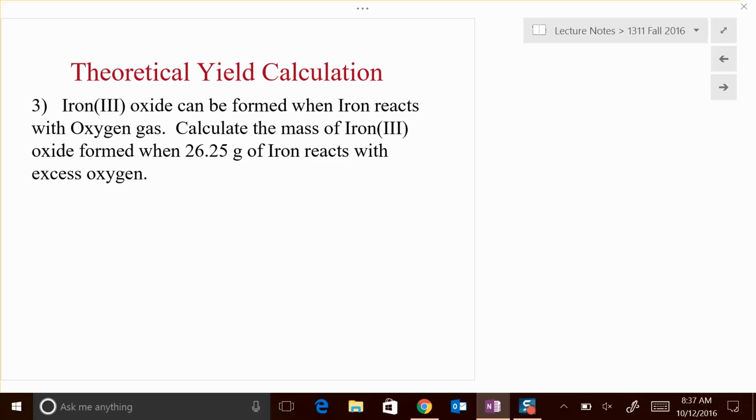Iron 3 doesn't mean you have 3 irons in your formula. It means that's the charge of the iron. Fe 3 plus and O 2 minus. What's the formula?